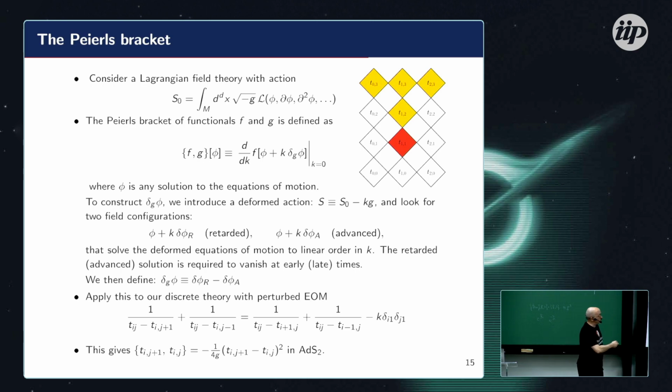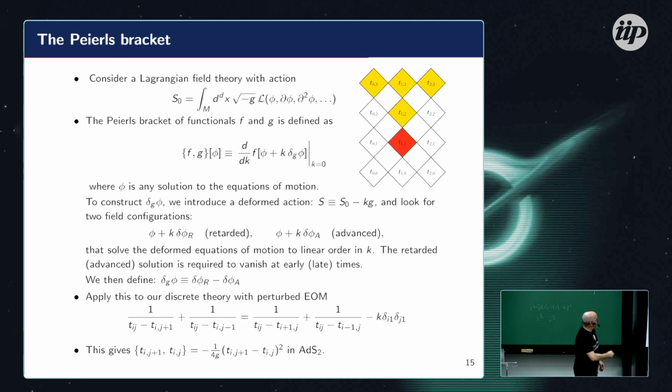Then I look for field perturbations. This changes the equation of motion. And you can compute a retarded perturbation, which is the same as the original field, some solution in the past, and then it varies in the future. And you can also compute the advanced perturbation delta phi_A, which is the same as your original solution phi in the future, but it can be different in the past. We are in a relativistic theory, so these are well-defined statements.